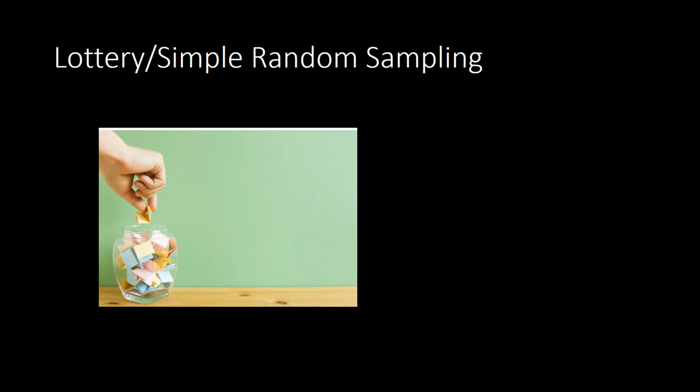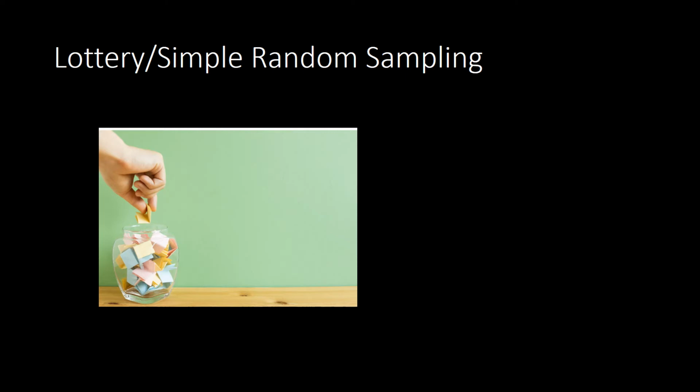This method is known as the fishbowl method because you will be literally using a fishbowl in which you draw the names of the members of the population, or numbers as representations of the names. Whoever you draw will become your sample.